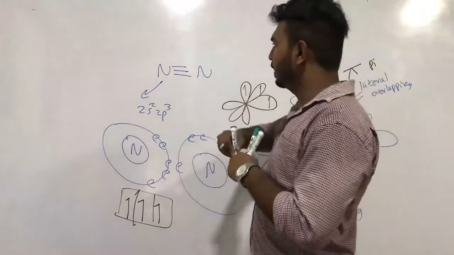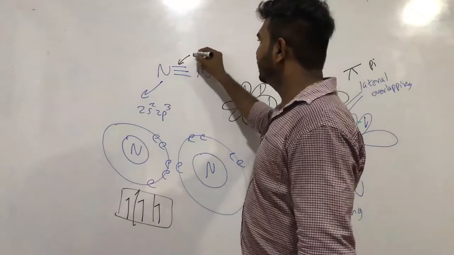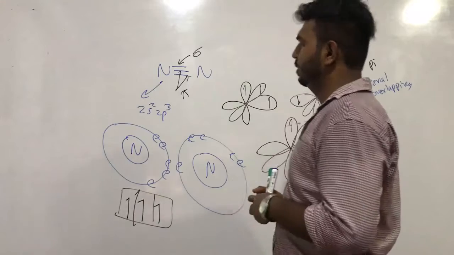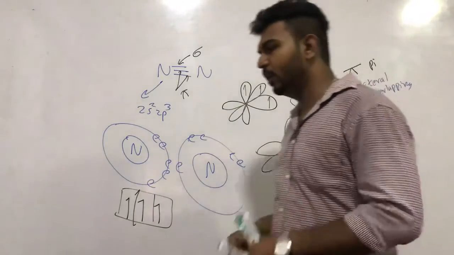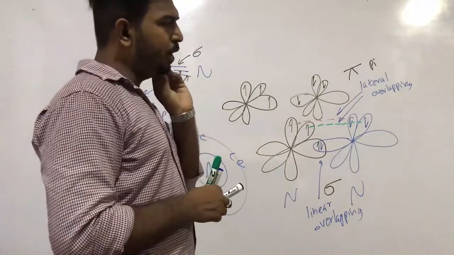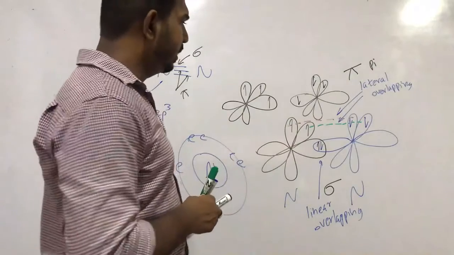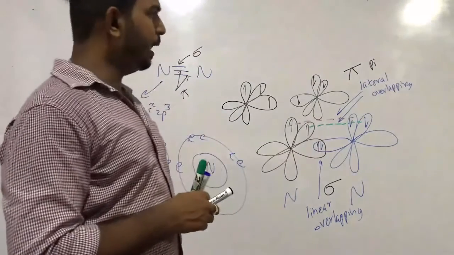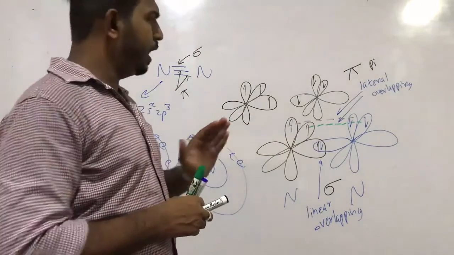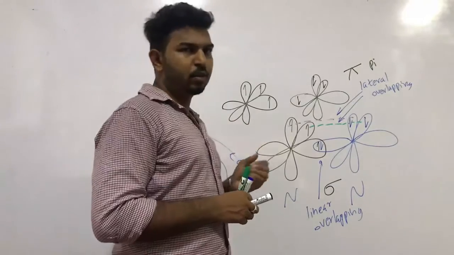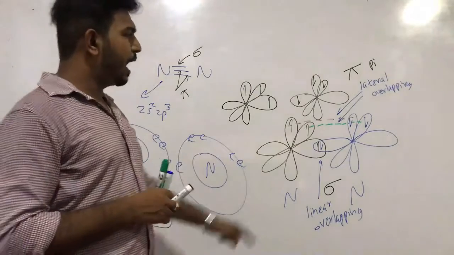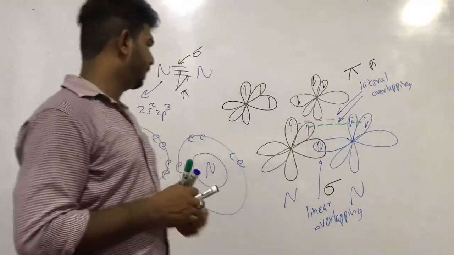So when we consider this bond, this is a sigma bond, and these two are pi bonds. If we consider any covalent molecule, only one linear overlapping can occur, and all the other overlappings are lateral overlapping, and we call those bonds pi bonds. So which has the higher strength? The linear overlapping, or sigma bond, has higher strength than pi bonds.